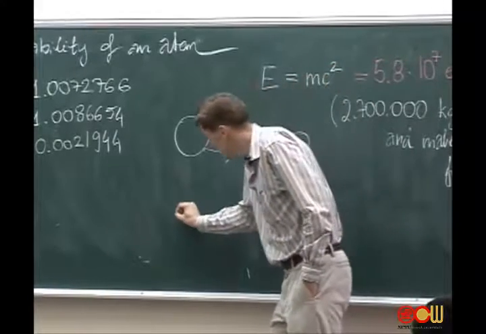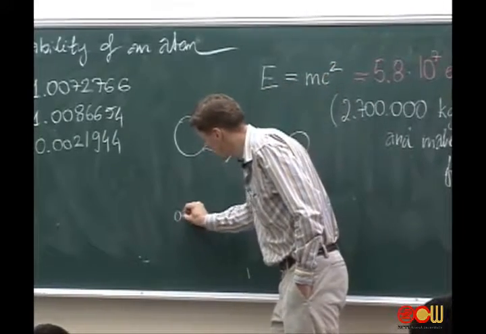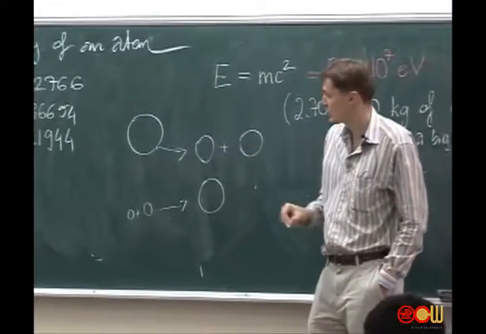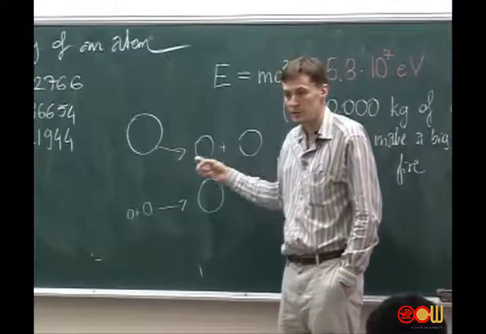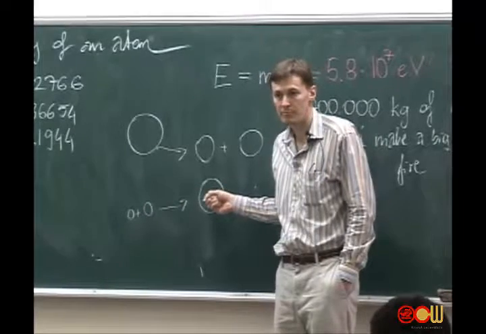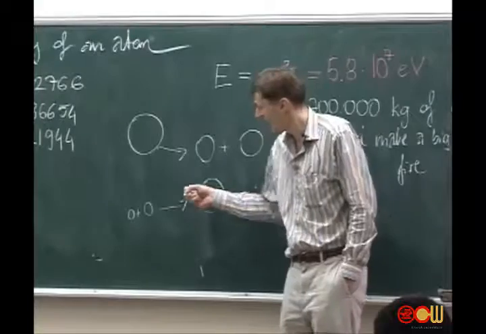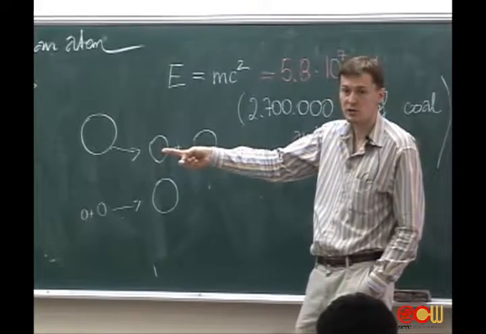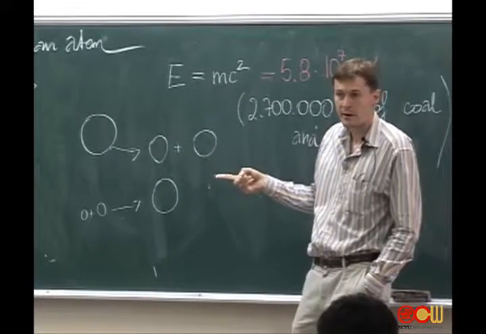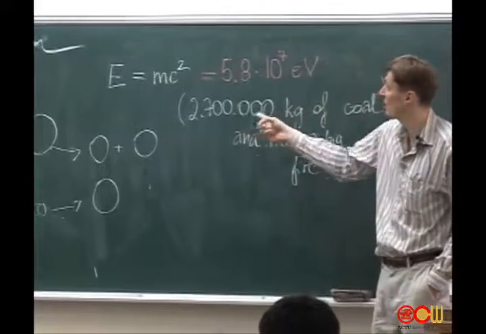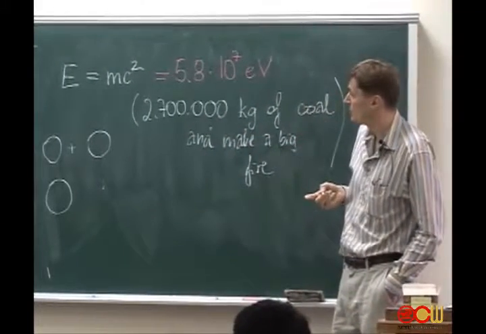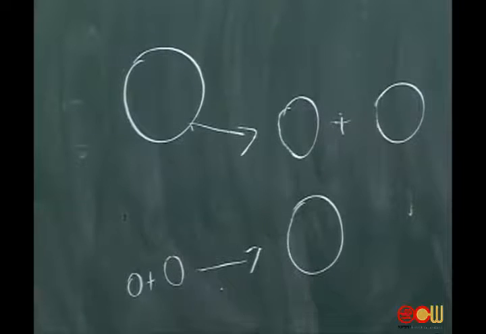Another possibility is take two tiny atoms and make a big atom. This is called atomic bomb. This is called hydrogen bomb. But anyway, the idea is the same, of getting extra energy from extra mass. These are huge amounts of energy.